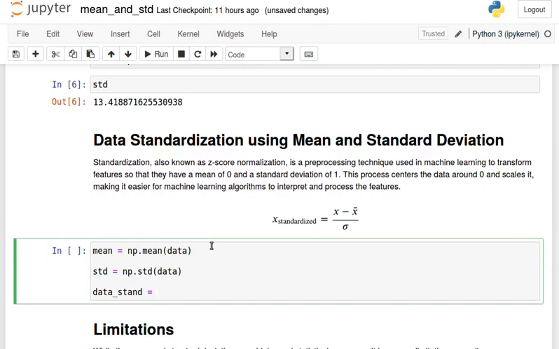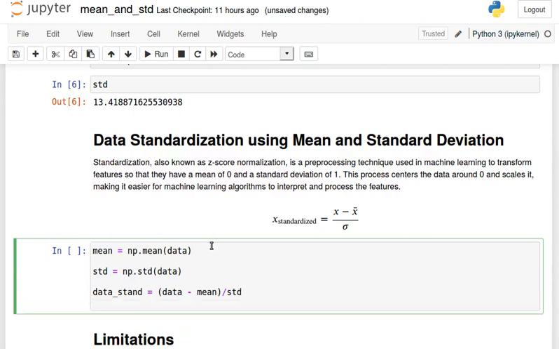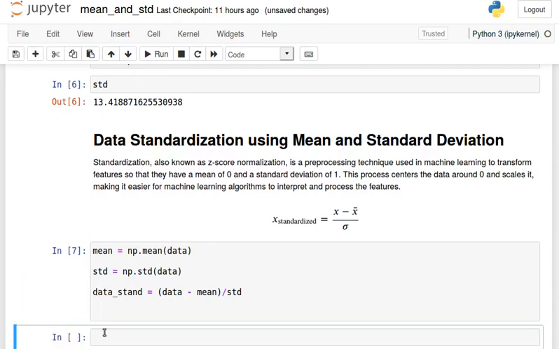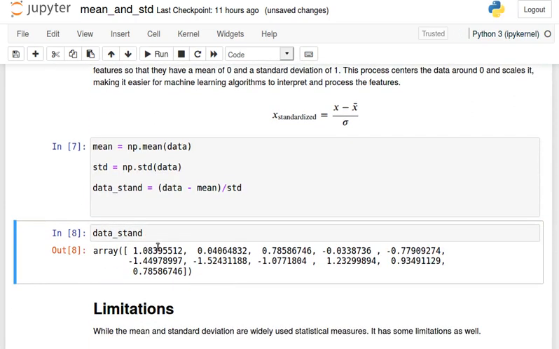We first find the difference between the data and the mean, and then divide it by the standard deviation. So let's see what we have, this data standardized. So here we have the standardized data.